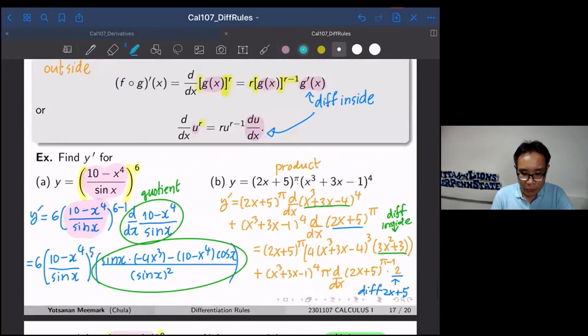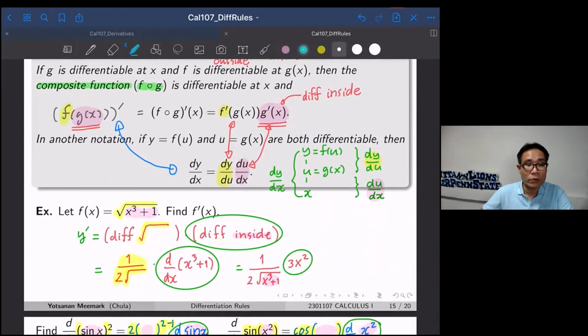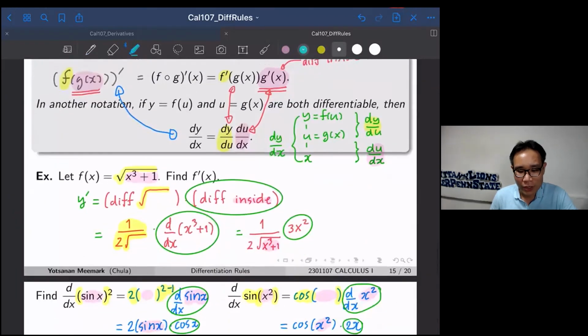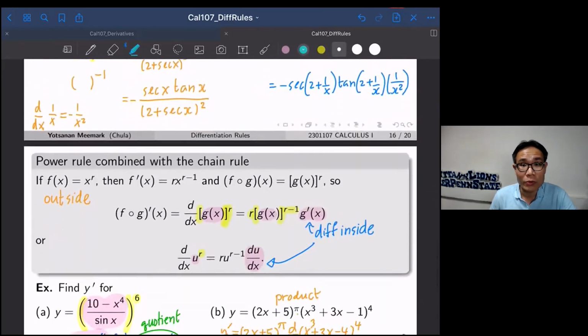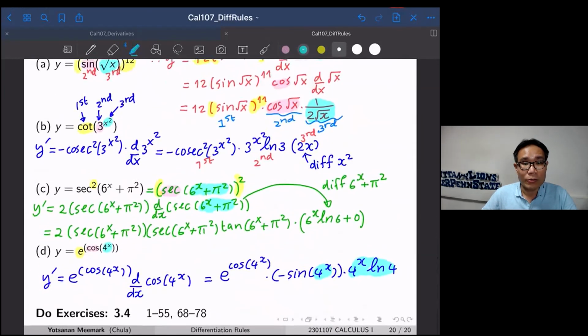Okay, so you have to be able to manage the chain rule, and you have to be able to differentiate using the chain rule. It will be the most important rule to use in calculus. Okay, and every function after today will use the chain rule to differentiate it. Okay, so that's all for this one.